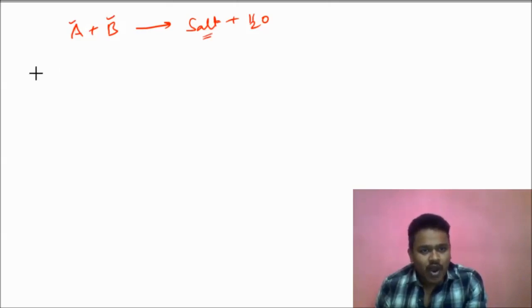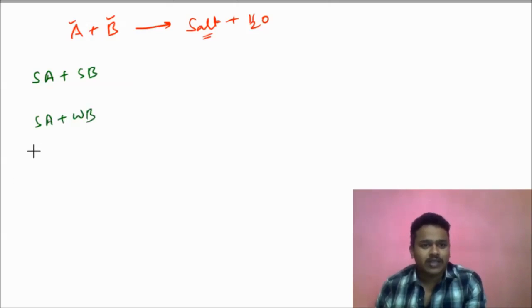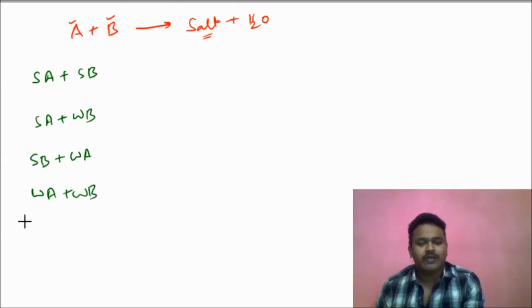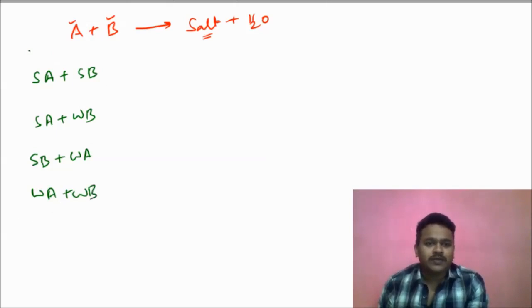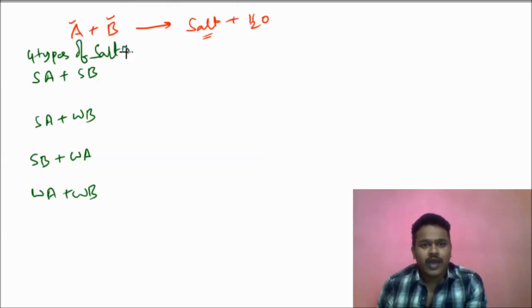The salt can be formed by strong acid and strong base. The salt can be formed by strong acid and weak base. The salt can be formed by strong base and weak acid. The salt can be formed by weak acid and weak base. We have 4 types of salts.